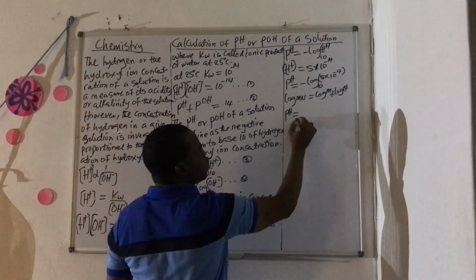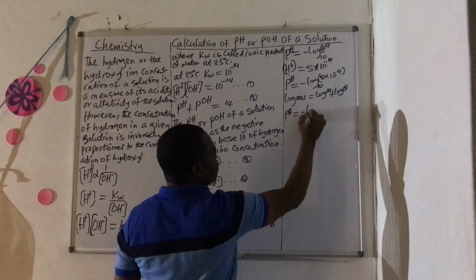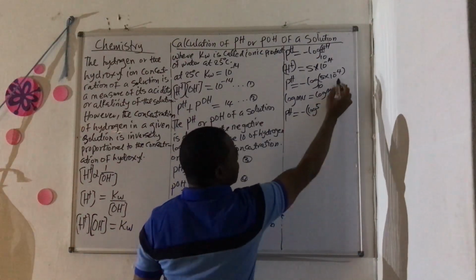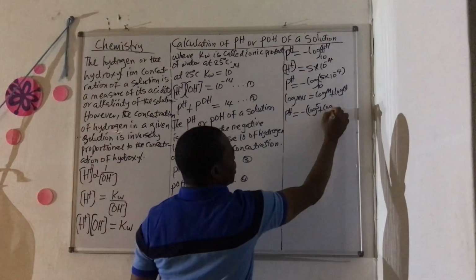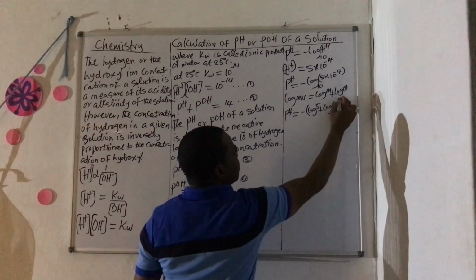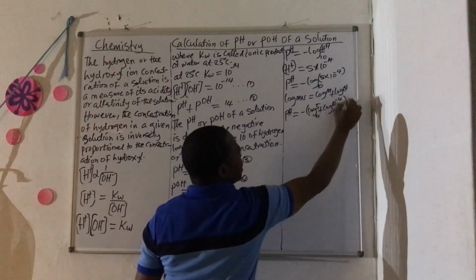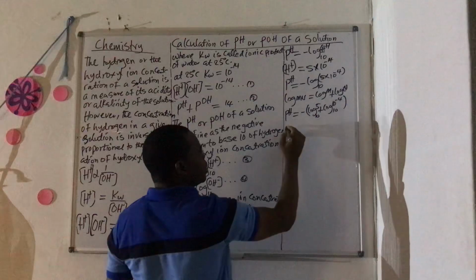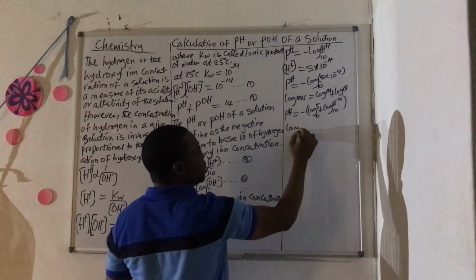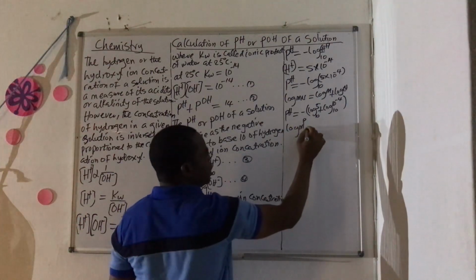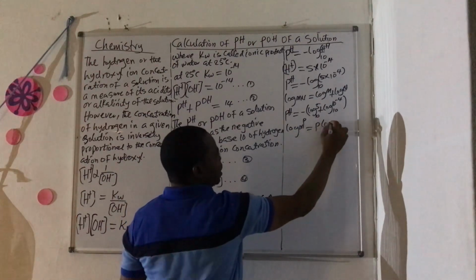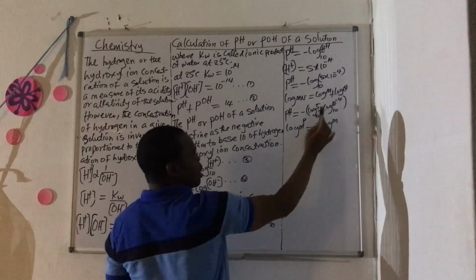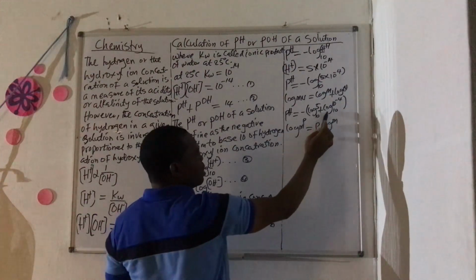pH will be equal to minus, open a bracket, log 5 plus log 10 raised to the power minus 4, all in base 10. Now there's another law of logarithm that says log m raised to power p can be written as p times log m. So the 4 will come to the front, giving minus 4 log 10.